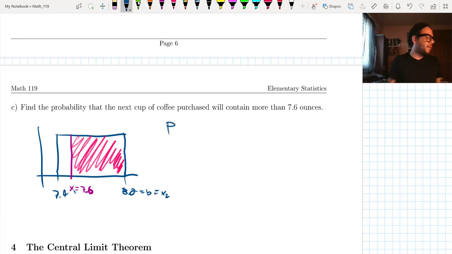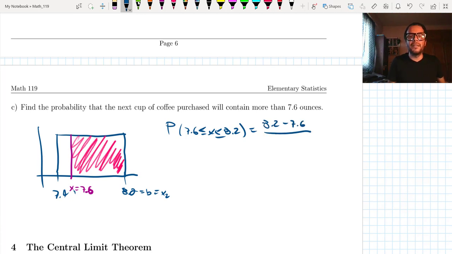So the probability that we get between 7.6 and 8.2 ounces will be 8.2 minus 7.6 divided by 8.2 minus 7.4, which in this case, I'm going to need my calculator because it looks like I lost that page where I have that information right here.